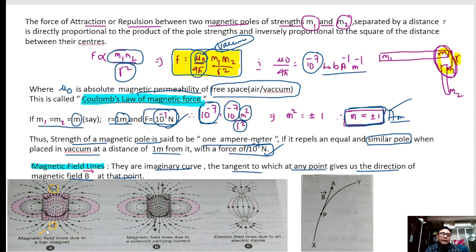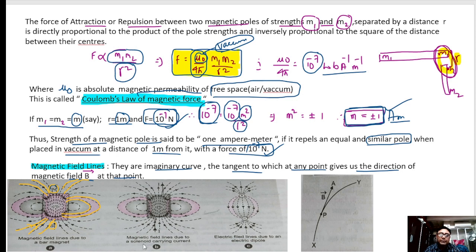So lines are entering the South Pole, and lines are coming out of the North Pole, going from North Pole to South Pole, as you can see here. This is in case of a magnet.